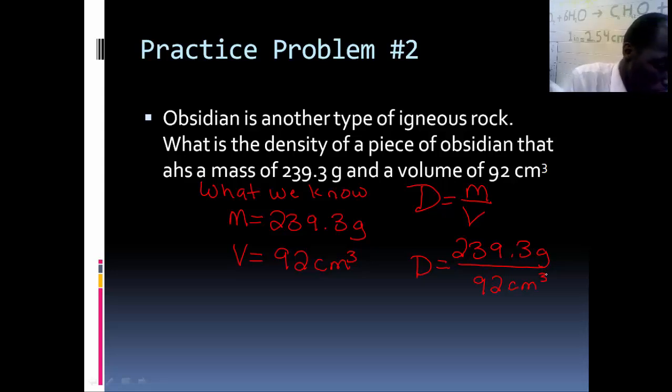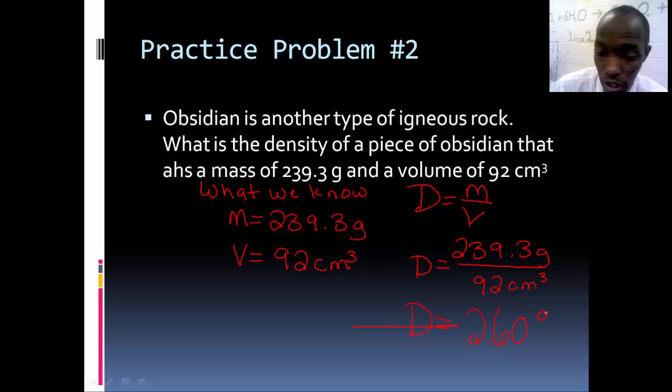When you do the math, the density comes out to be 2.60 grams per cubic centimeter.